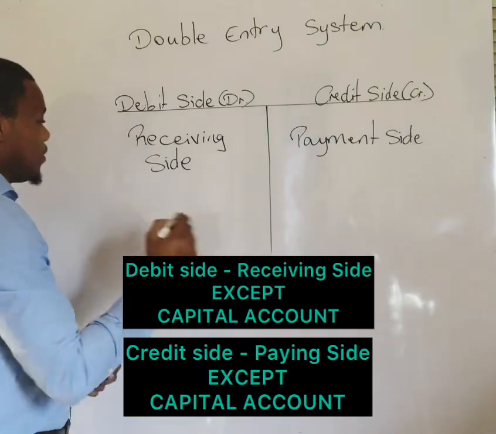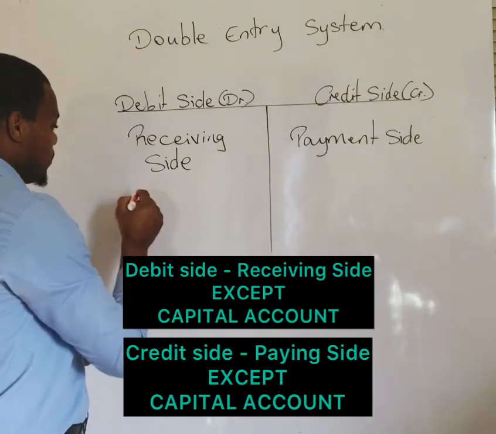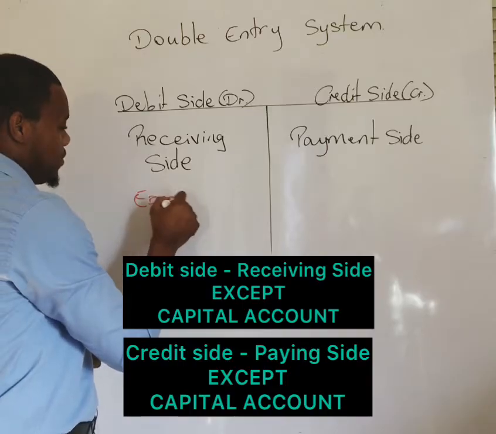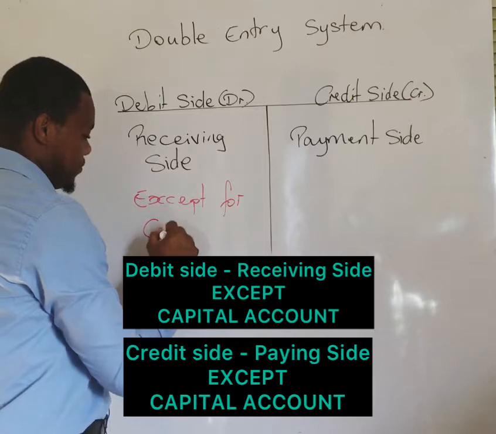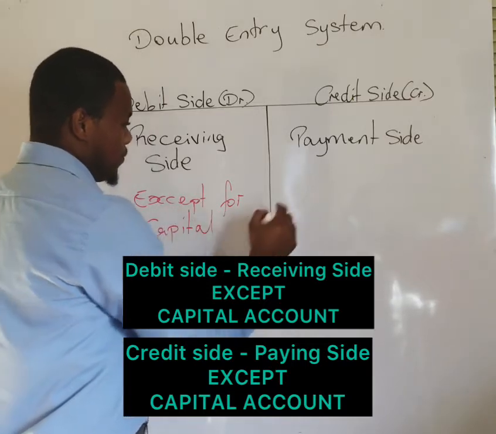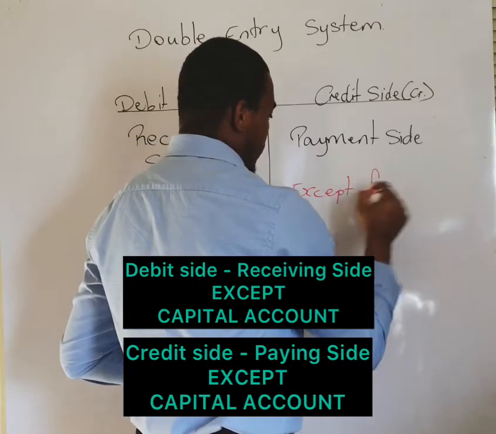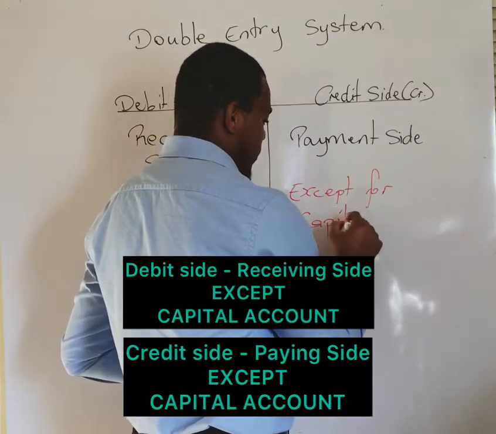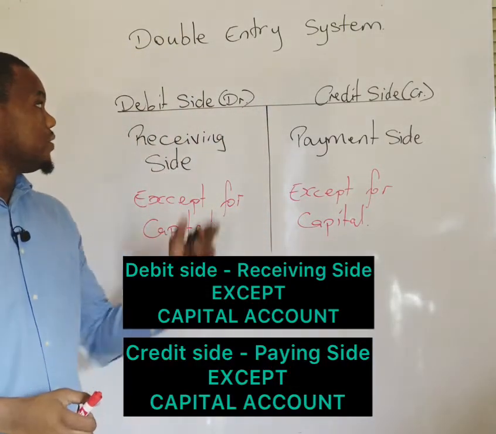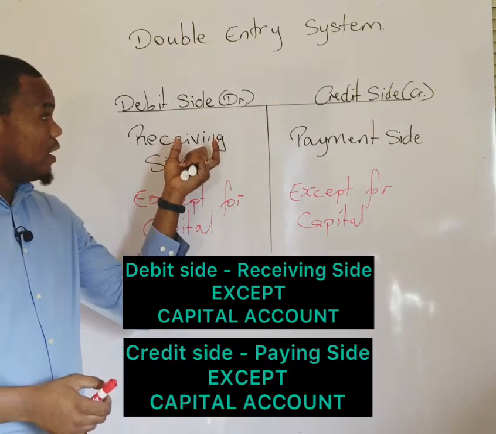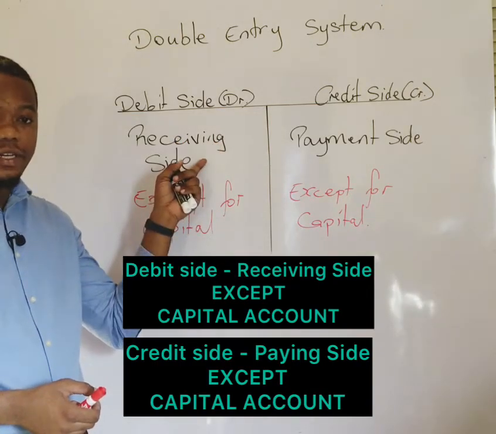All right, but except for the capital account. So when the account is receiving, we would put it on the debit side.